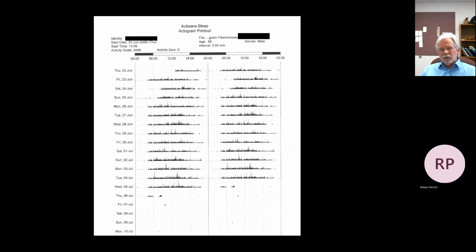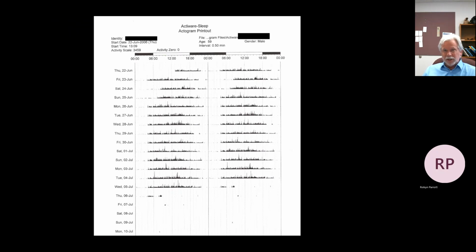One of the objective measures that is commonly available is actigraphy. So this is an actigram on a 59-year-old, and you're probably familiar. It looks at wrist motion. Wrist motion in certain patterns is equated with being awake.